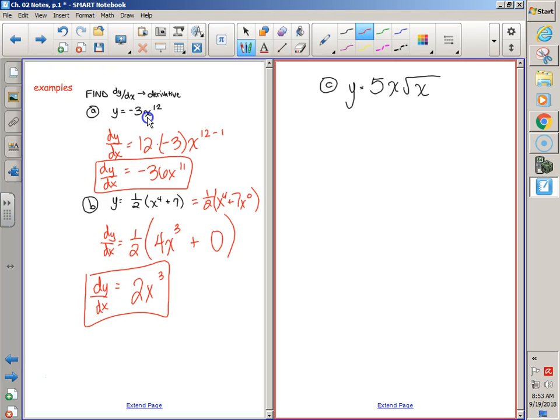Bring down what? We could make this 5 times x to the 1 times x to the 1/2, which would be 5x to the 3/2. And that's just why we're going to learn tomorrow. Sometimes you got to rewrite before you derive.